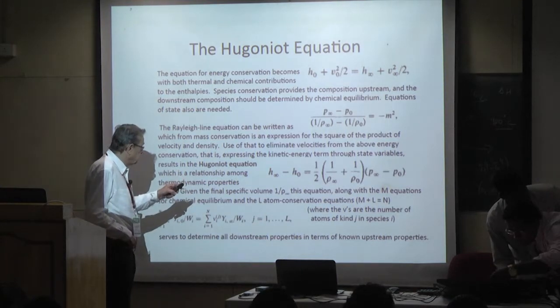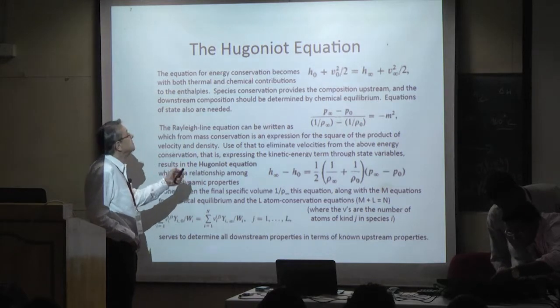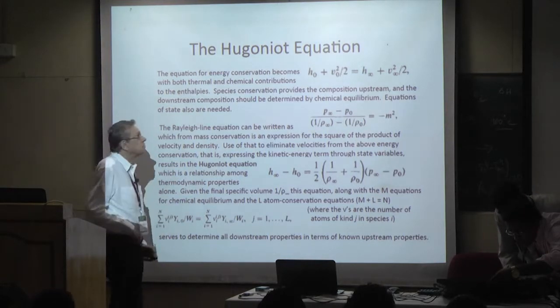That relationship between thermodynamic properties is the Hugoniot equation in the PV diagram.